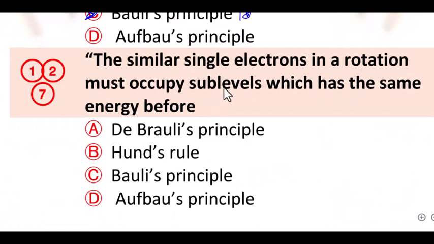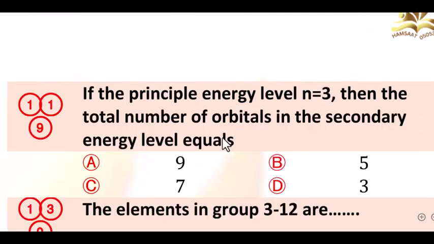Single electrons with the same spin must occupy sublevels which have the same energy before pairing, this is Hund's rule. So, Aufbau is the ascending rule. Pauli: one up and one down, in opposite directions. Hund's: singly if they are the same.